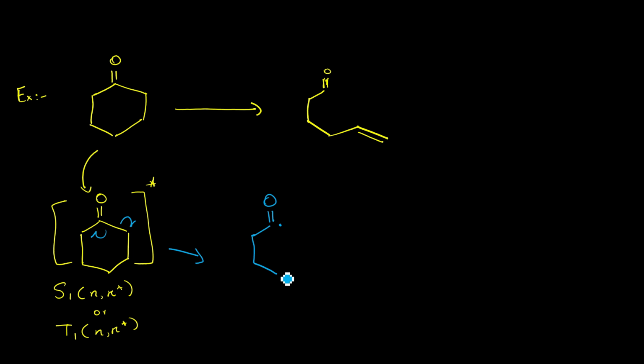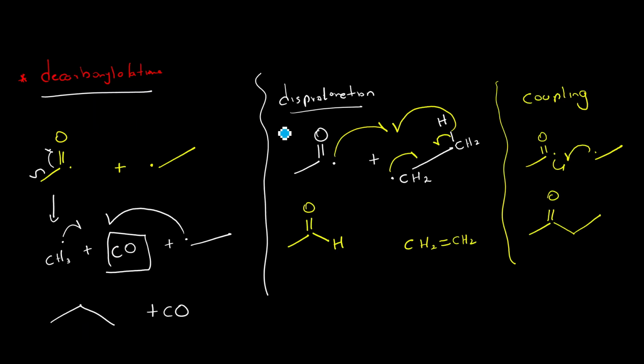We have here, here, here. So this is our structure. Now, what can we introduce? We have only three processes after this cleavage. Either it's a decarbonylation, which is removal of the carbon monoxide, or disprotonation, which is the replacement of your hydrogen atoms.